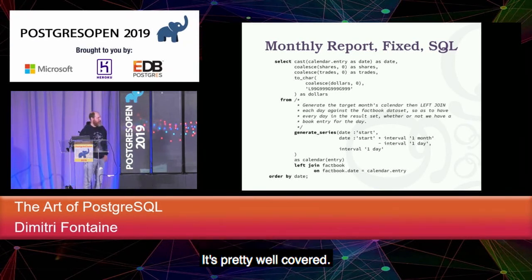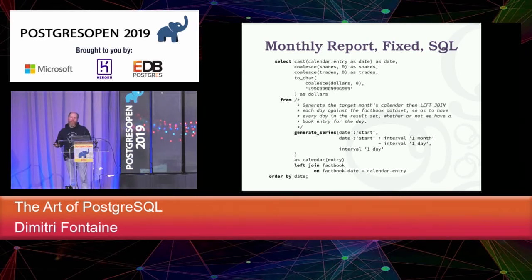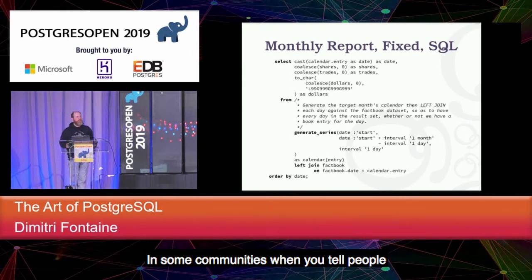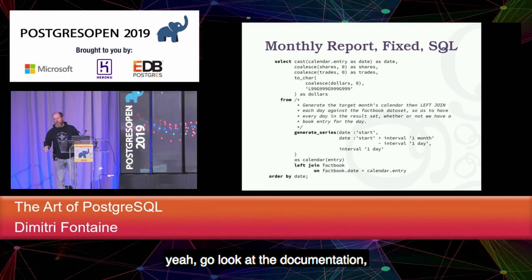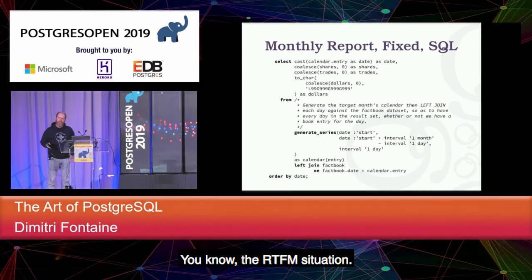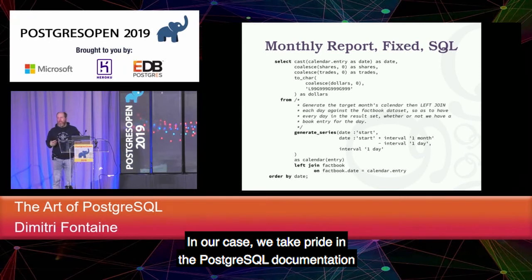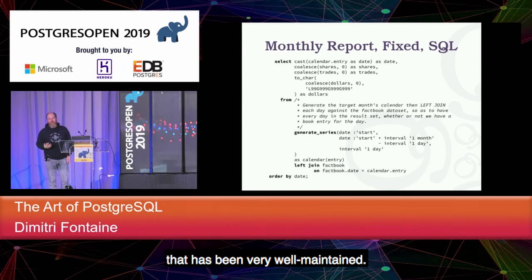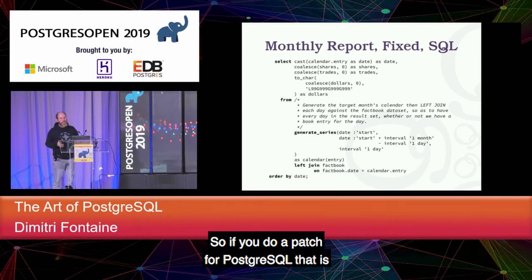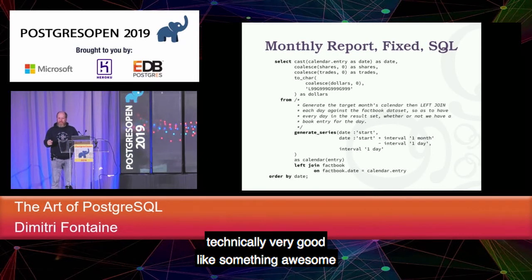It's pretty well covered. It's something that in some communities, when you tell people, yeah, go look at the documentation, maybe it's a little rude to do that. The RTFM situation. In our case, we take pride in the PostgreSQL documentation that it's being very well maintained. So if you do a patch for PostgreSQL that is technically very good, like something awesome, but not documented, it's going to be rejected.